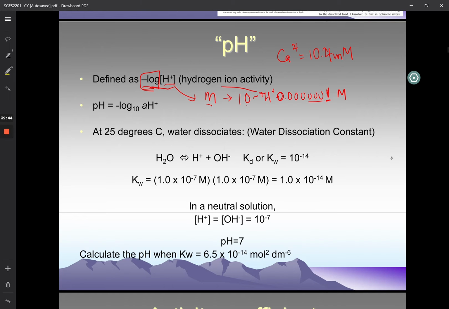If I make it molar, I divide by 1,000 to get molar, so it will be 0.0104 molar.